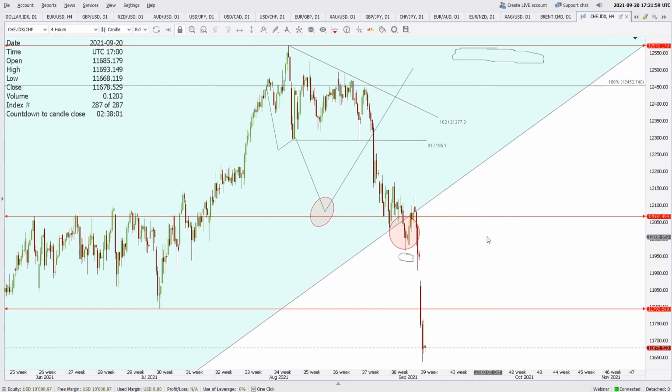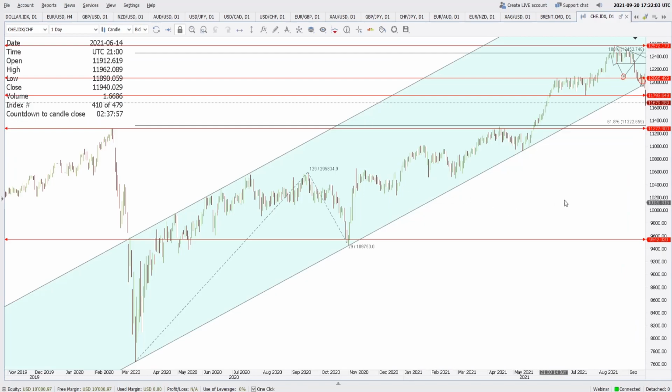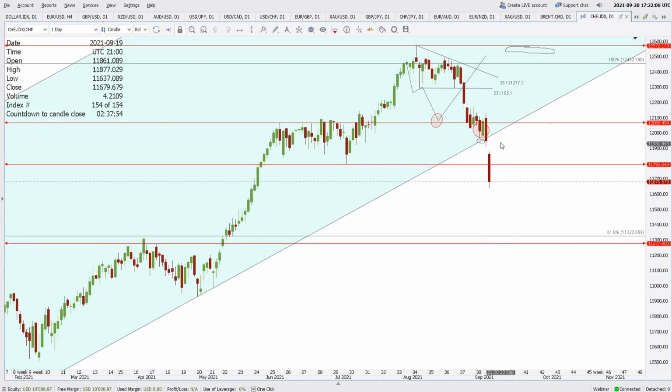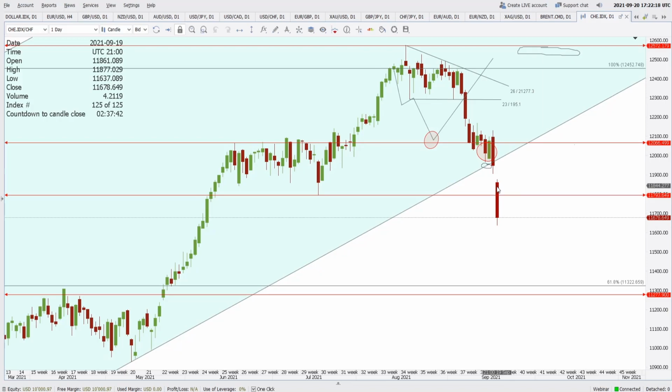So talking about the Swiss index, no surprises here also, although we were expecting this level to hold. But I already mentioned last time that if we see a candle closing like a bearish engulfing here, we can also see 11,793. And today the price has even breached that level, and is I think now headed towards 11,277.